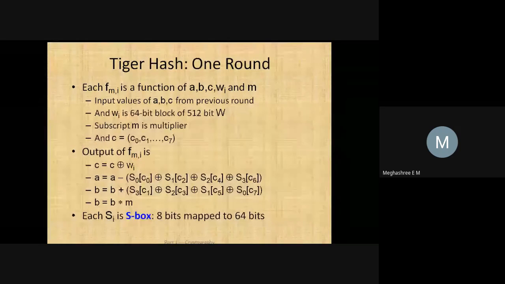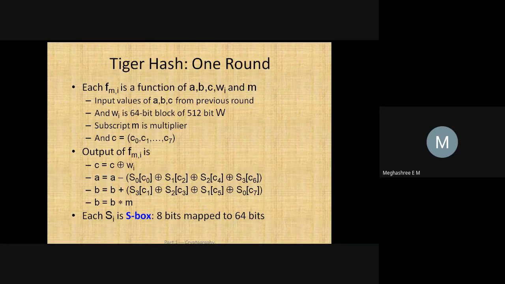C XOR Wi, for each round. A is equal to A minus S0 of C0 XOR S1 of C2 XOR S2 of C4 XOR S3 of C6. In this way the calculation is performed and the output will be considered as ABC.